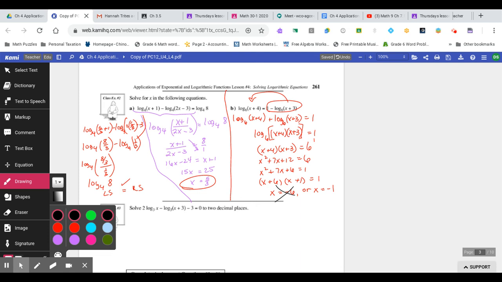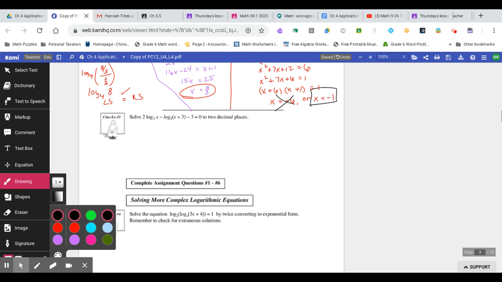Plug it back into these 2 parentheses up at the top where there's a logarithm, and they actually do work. -1 plus 4 gives you an argument with 3. So you are allowed to do that. And same thing with -1 plus 3 in this argument. Don't throw it out because it's negative. Only throw it out if it creates a negative argument. But in this case, the argument will be a 2, a positive 2. So this is your answer.